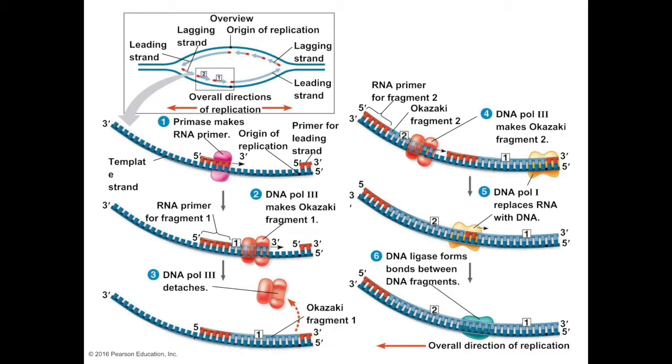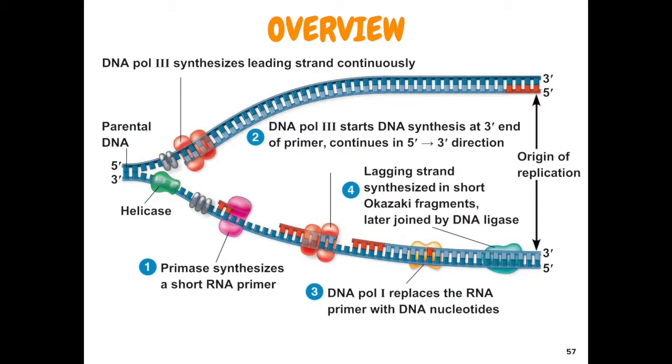And so you can see this diagram here that basically goes through the 6-step process of replication that occurs in the lagging strand. And this is just an overview of what's going on with DNA synthesis. In DNA replication, the first thing that needs to happen in the lagging strand is that a primer needs to be added.